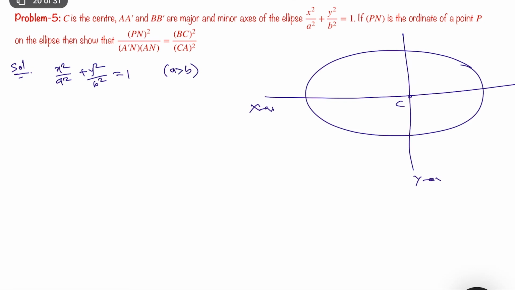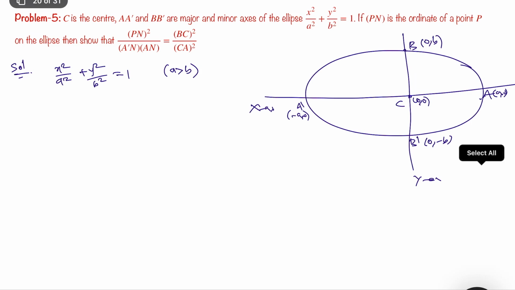So here A dash and A are vertices, ends of the major axis, and B and B dash are ends of the minor axis. We also know the coordinates of A dash, A: (a, 0), (minus a, 0), (0, b), (0, minus b). Center is (0, 0). Okay.